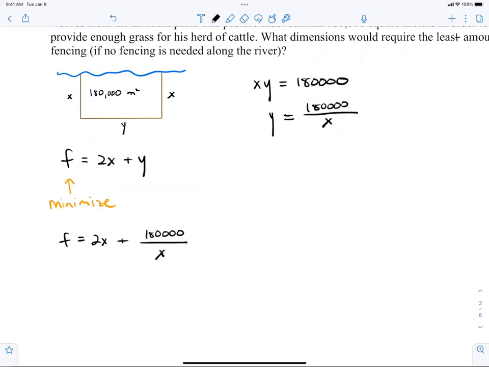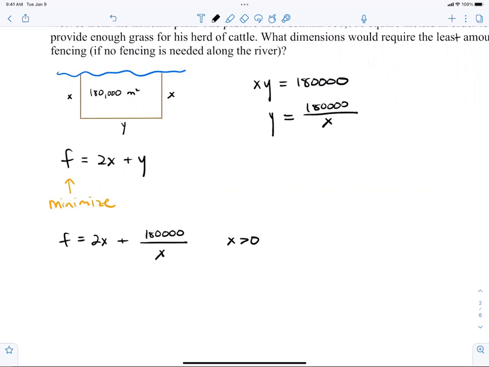Now let's see, before we take the derivative of F, our optimization equation, what restrictions can we put on X? X would have to be greater than 0. And because X can't be 0, we have no chance of defining F on a closed interval.